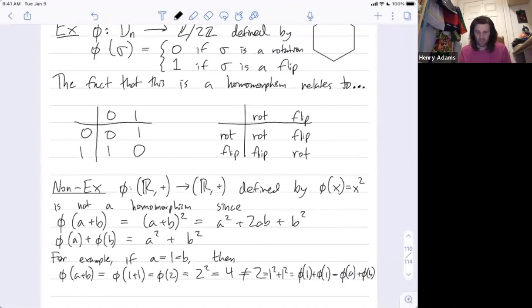So phi of a plus b was 4, phi of a plus phi of b was just 2. And since 4 is not equal to 2, we've found inputs verifying this is not a homomorphism.